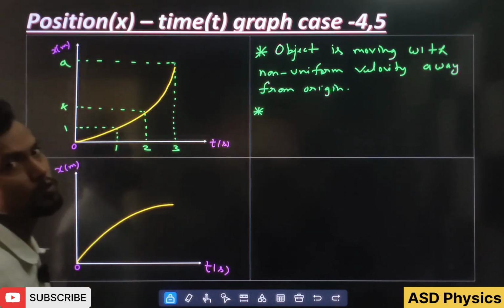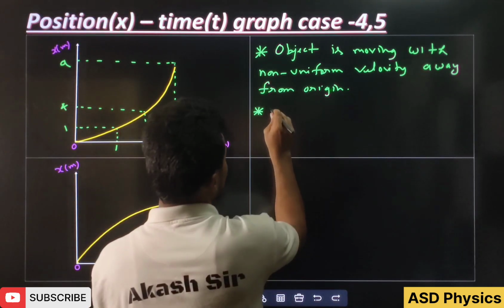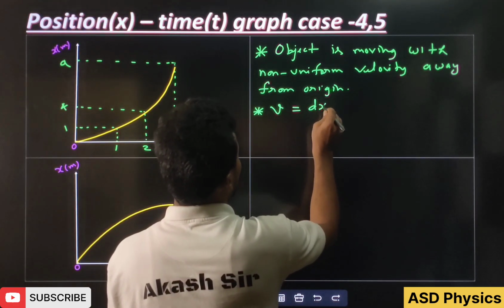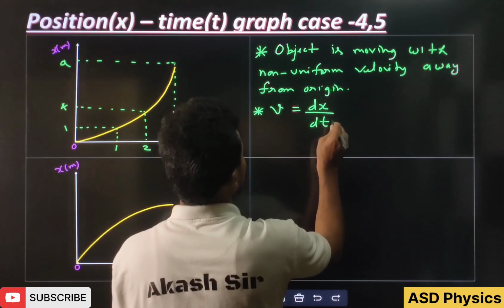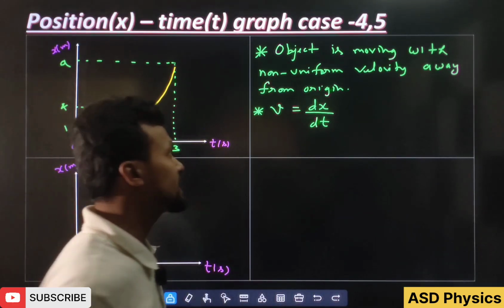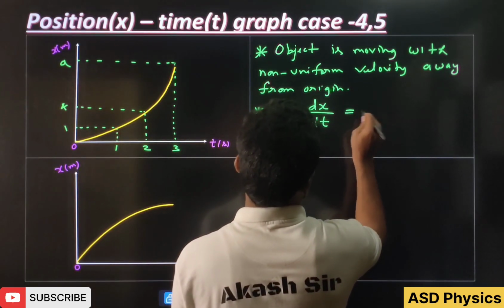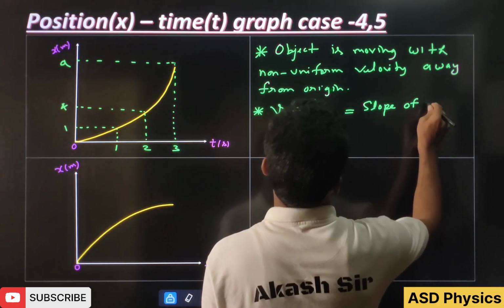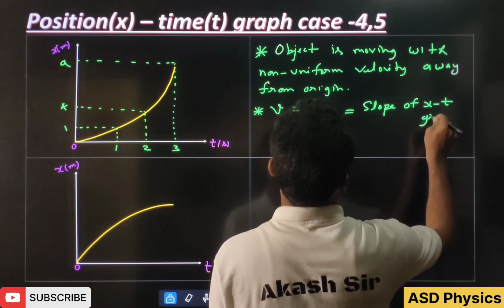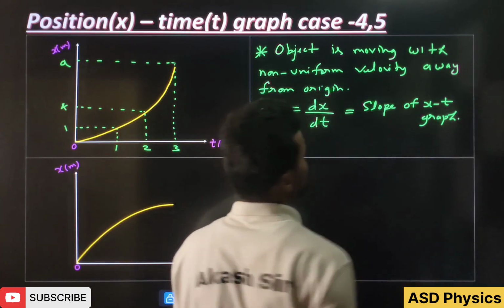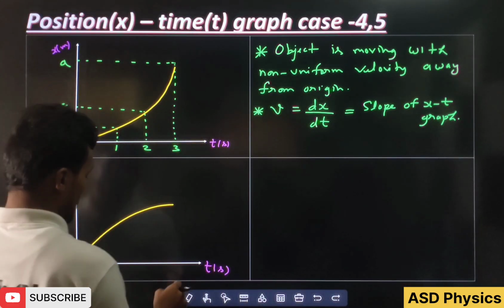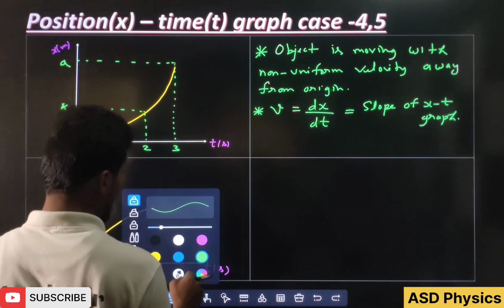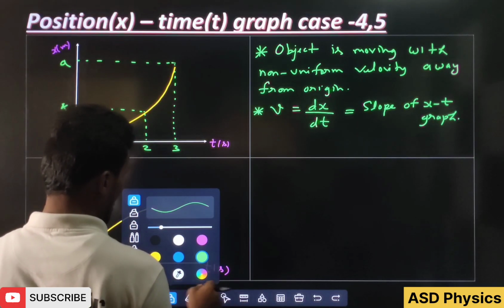Since the object is moving away from the origin, velocity will be positive. For that you have to use v equal to dx by dt, that means you have to see the slope of the x-t graph. So if I just write the slope.